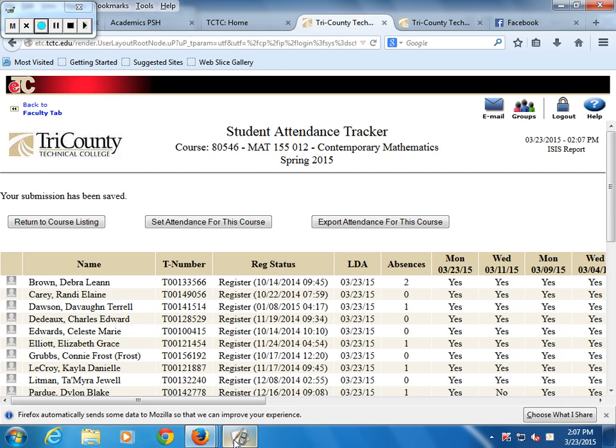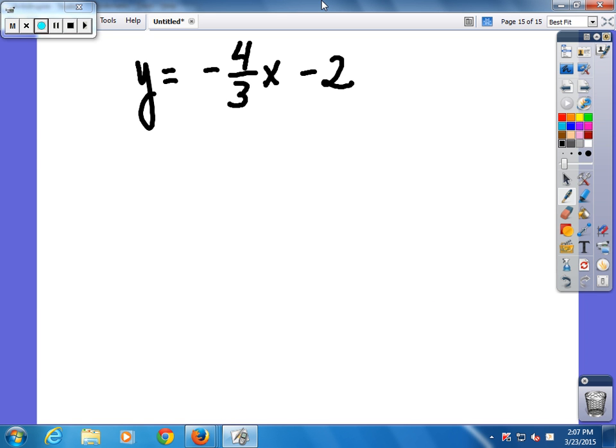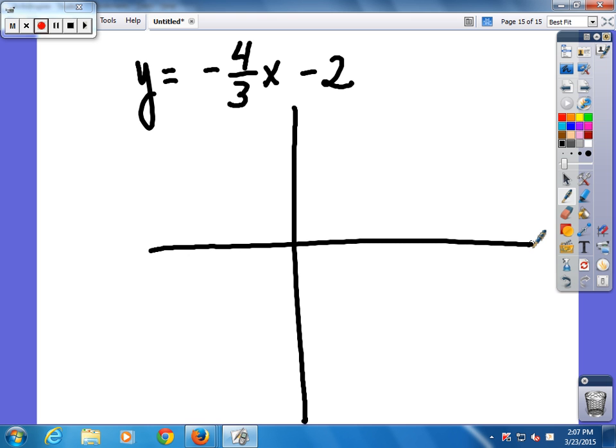All right, so let's do this one. I'm going to go ahead and draw my handy-dandy graph. And I'm going to take my 0, -2.